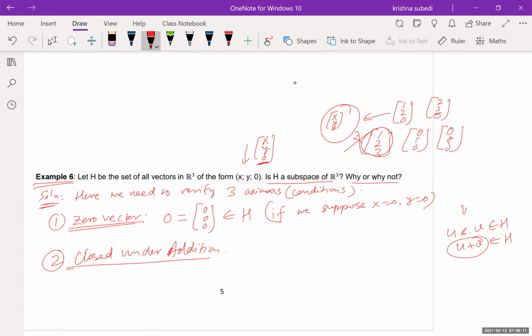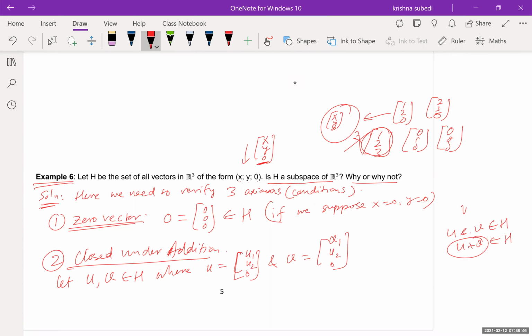Okay, so let us suppose that u belongs to H, and v also belongs to H, where u equals, let's say, u1, u2, and 0, and v is, let's say, v1, v2, and 0.